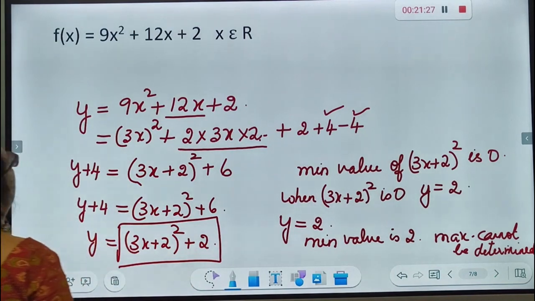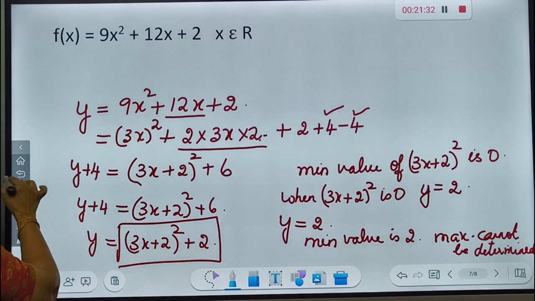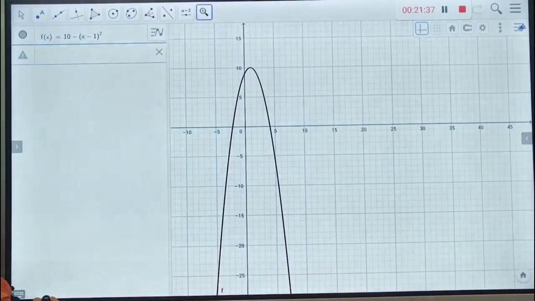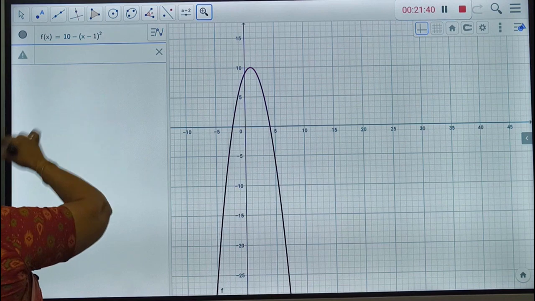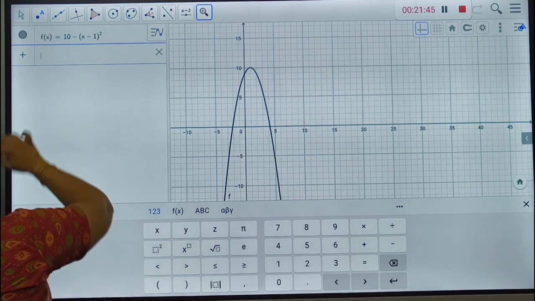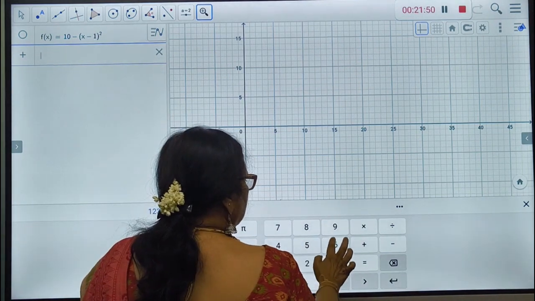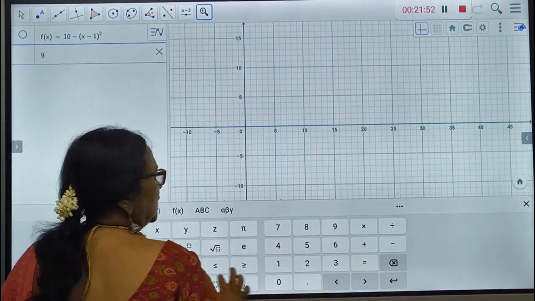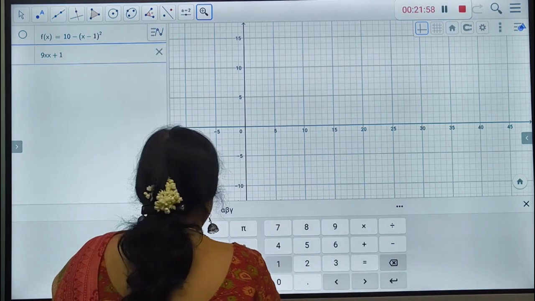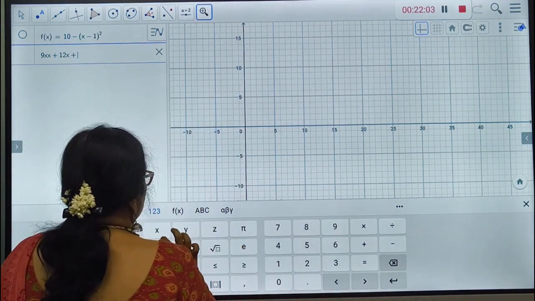So what are we actually looking at? 9x square plus 12x plus 2. So let us look at the GeoGebra part of it. So we are looking at 9x square plus 12x plus 2.